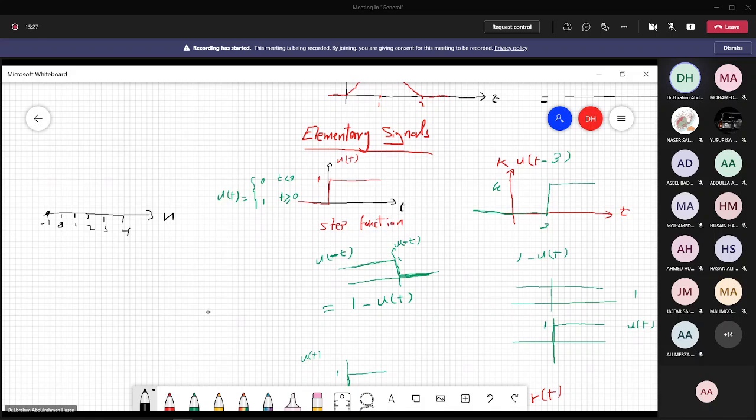And for t greater than 0 it is equal to 1. For discrete, here it's equal to 1, 1, 1, 1, 1, and so on. So u of n is equal to 0 for n less than 0, and equal to 1 for n greater than or equal to 0.